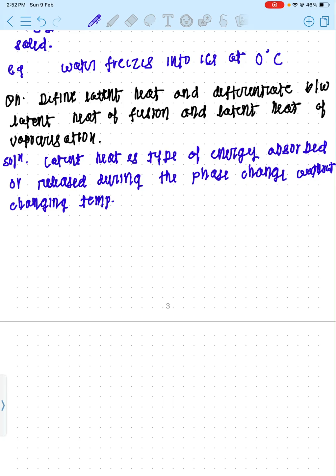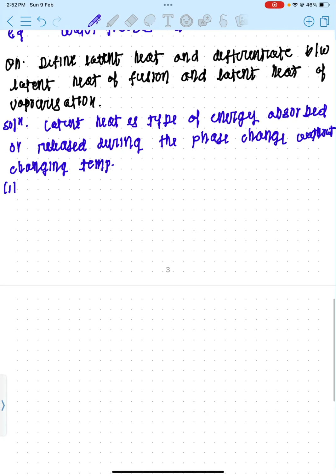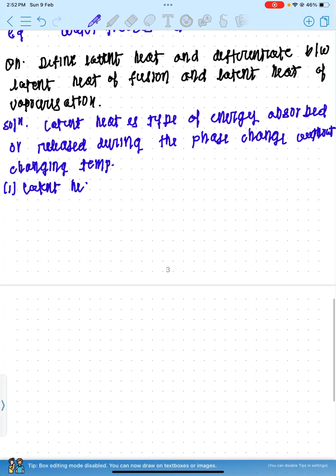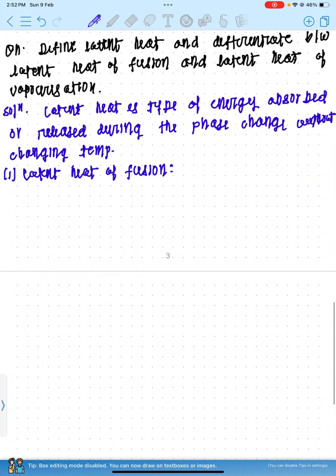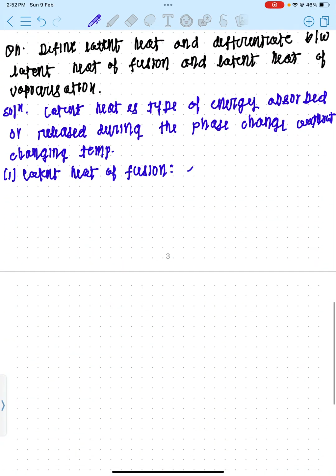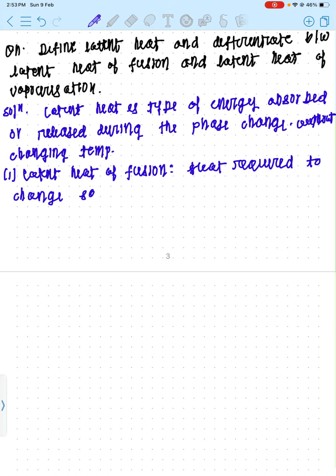So latent heat of fusion is the heat required to change solid into the liquid.